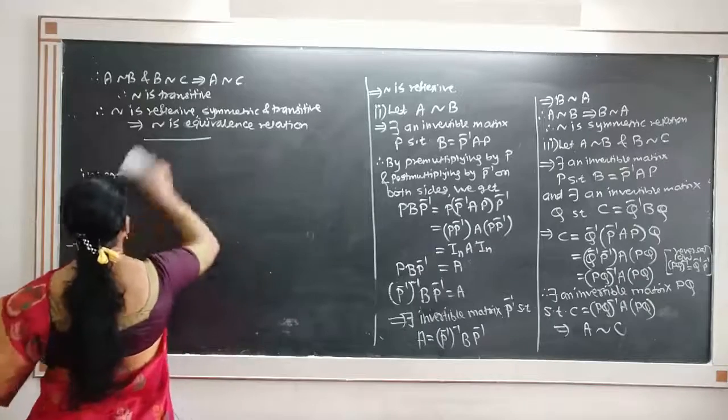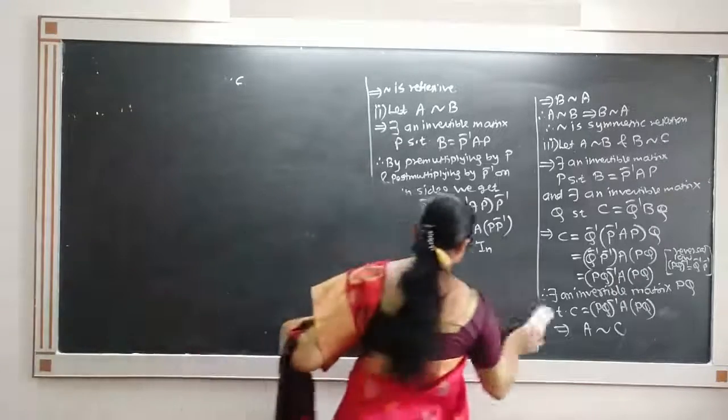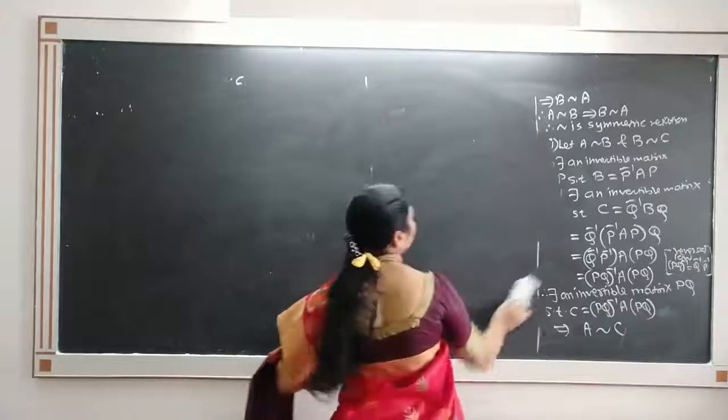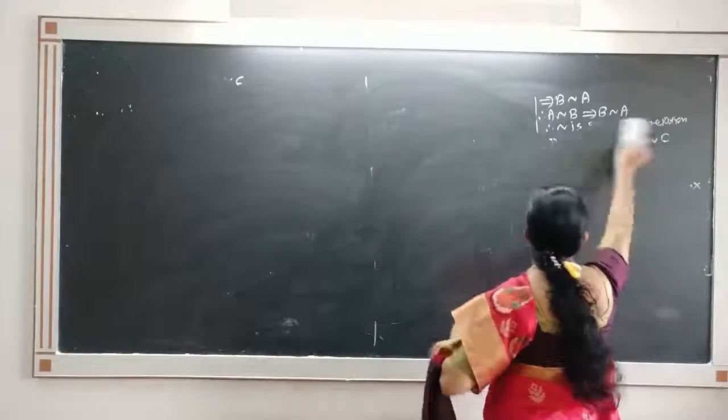Now we will see one example where we will find the equivalence class, show that it is an equivalence relation, and whenever it is an equivalence relation we are able to find the equivalence class also. So consider the example.